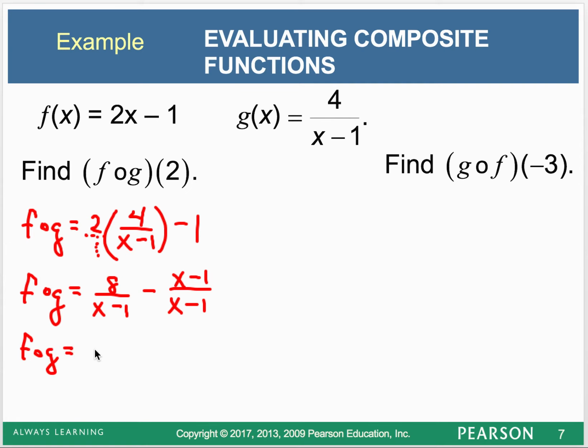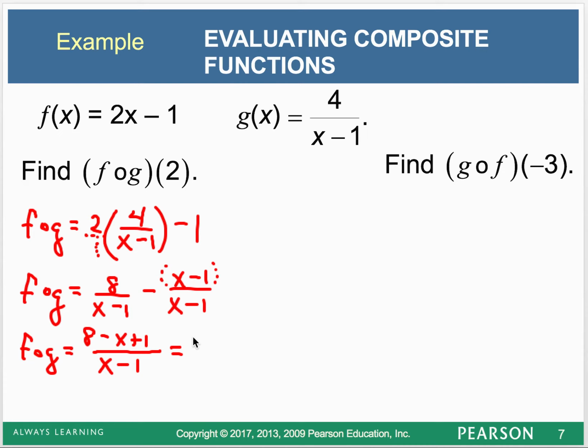Now once the denominator is the same, I can write my fraction with that denominator, and I would have 8 minus x plus 1, right? Because it's minus x minus minus 1, because these numerators are as if there are parentheses around them.